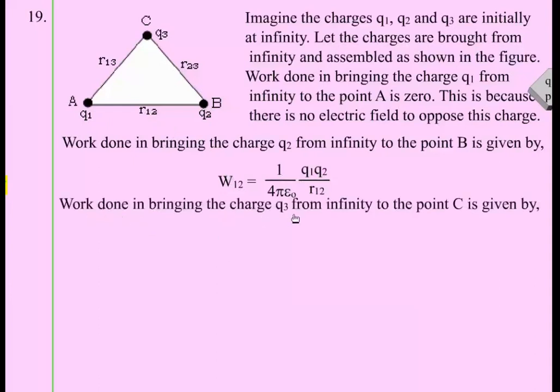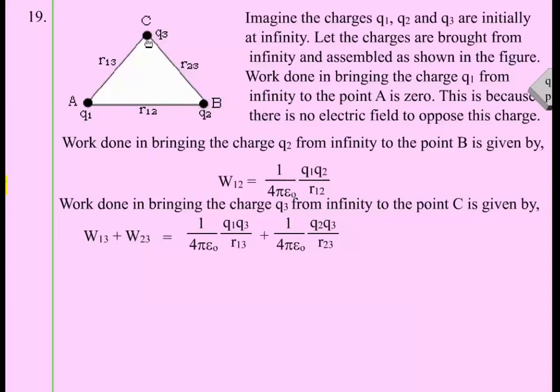Next, work done in bringing the charge Q3 from infinity to the point C is given by, look here, W13 plus W23. Two works are required. This is because this Q3 is brought in the vicinity of Q1 and Q2. These two charges oppose the charge Q3.